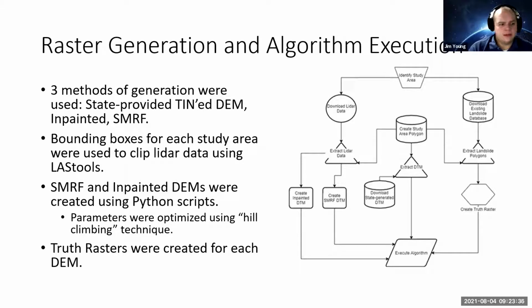SMRF and inpainted DEMs were created using Python scripts, with the parameters also optimized using hill climbing. The truth rasters were then created for each DEM to make sure everything lined up and there wouldn't be any mismatch. On the right side is the overall process, from identifying your study area to executing your algorithm.